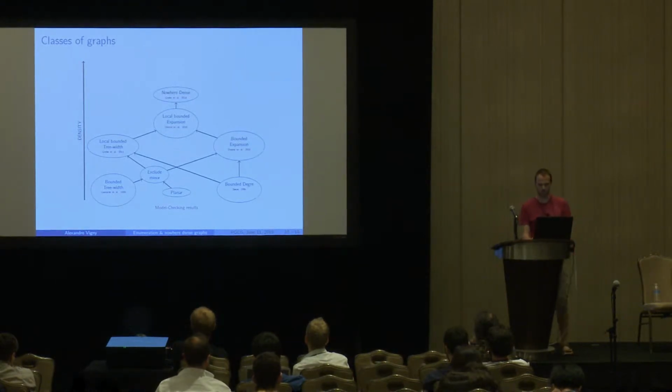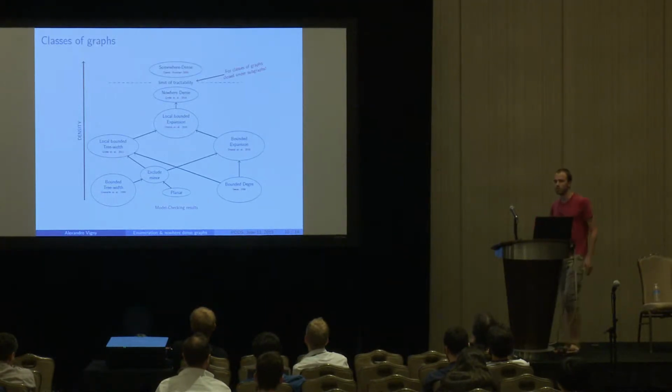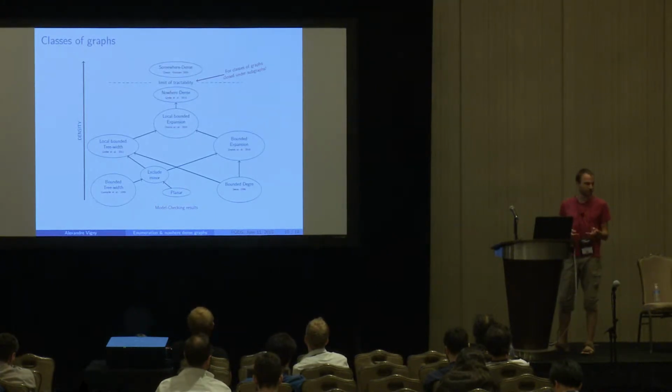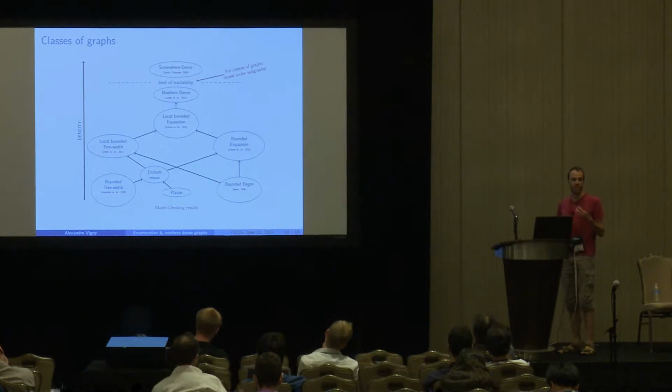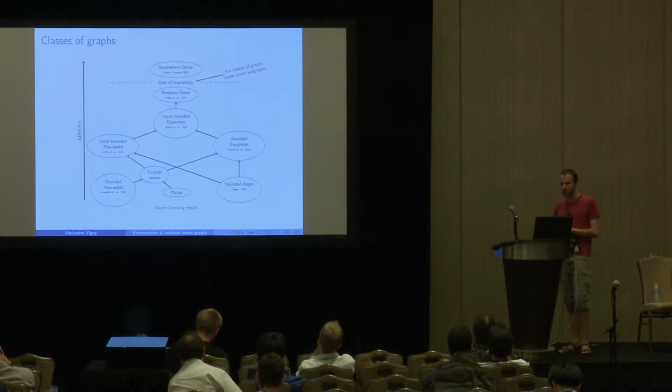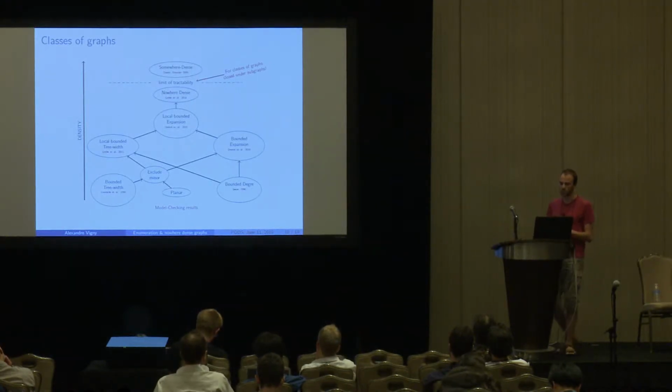And nowhere dense graphs are the maximal class, because if a class of graphs is closed under subgraphs, there is a really sharp dichotomy: it is either nowhere dense or somewhere dense. If it's nowhere dense, then we have an efficient algorithm. If it's somewhere dense, then the problem is again AW[*]-complete.